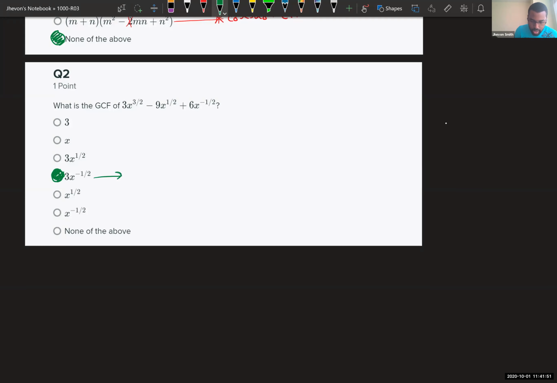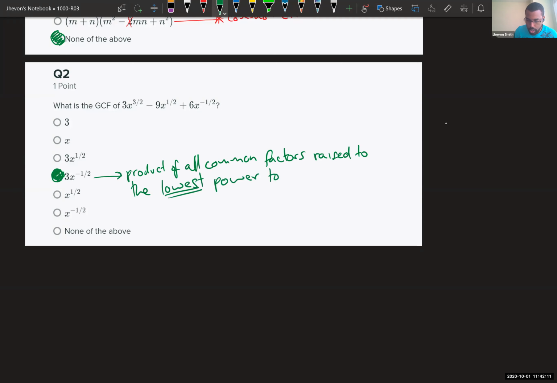So this is just a product of all common factors raised to the lowest, it's always the lowest power to which they appear.